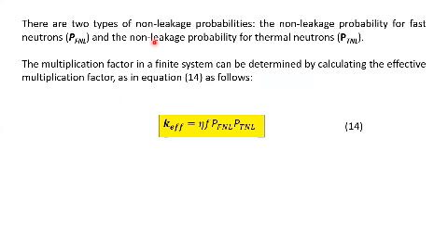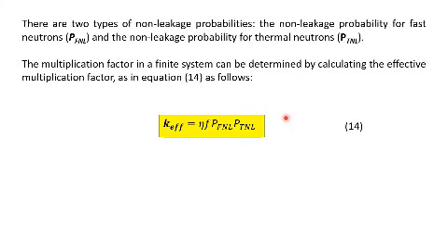There are two types of non-leakage probabilities. One is the non-leakage probability for fast neutrons, and the second is the non-leakage probability for thermal neutrons. The multiplication factor in a finite system can be determined by calculating the effective multiplication factor.